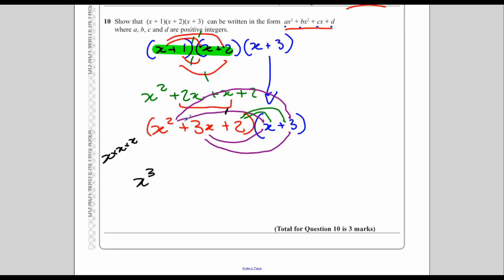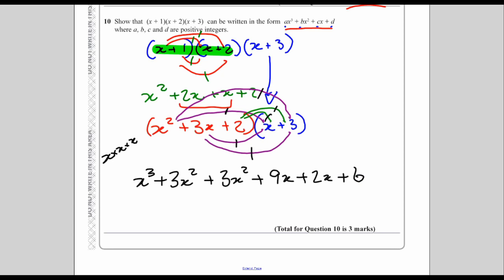Okay, first one done. X squared times 3, 3 lots of x squared. 3x times x is 3x squared. 3x times 3 is 9x. 2 times x is 2x. And 2 times 3 is 6.